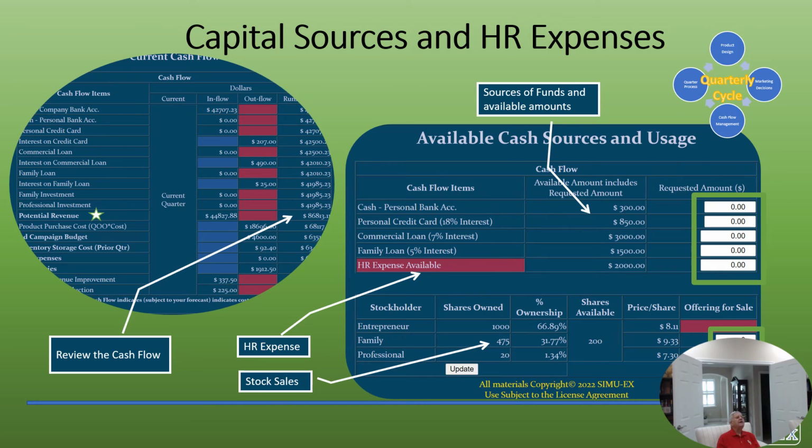So on this screen, we're attempting to ensure that our pro forma cash flow will become a positive cash flow after the quarter has been processed, and that we also invest in HR. These represent the decisions that we will be making on a quarterly basis. And as with the inventory, as with the projections, as with the budget amounts, as with the markets, these are decisions we're going to make each and every quarter.